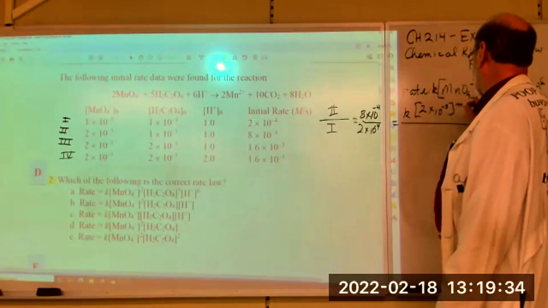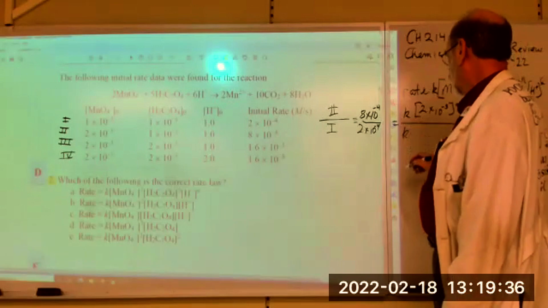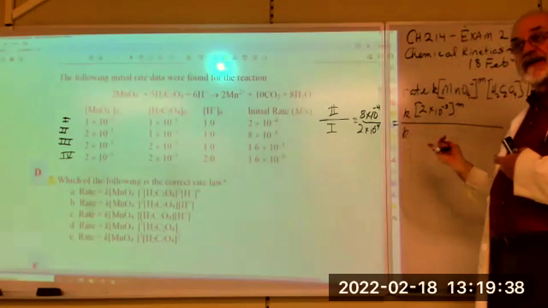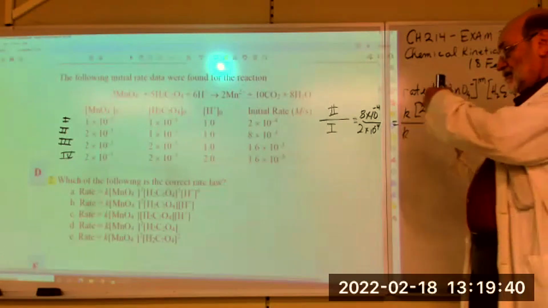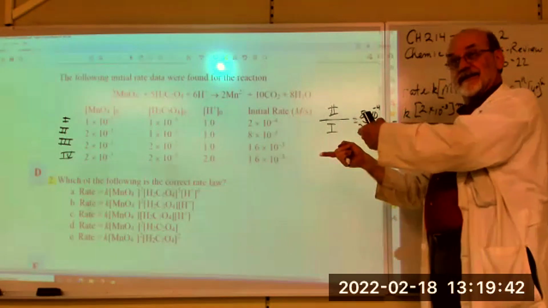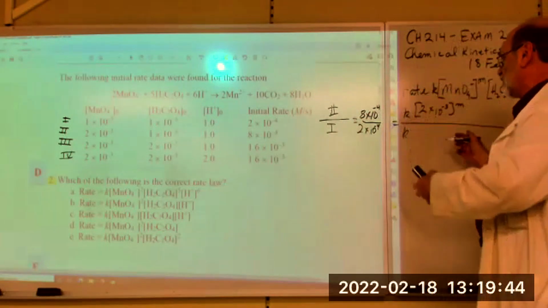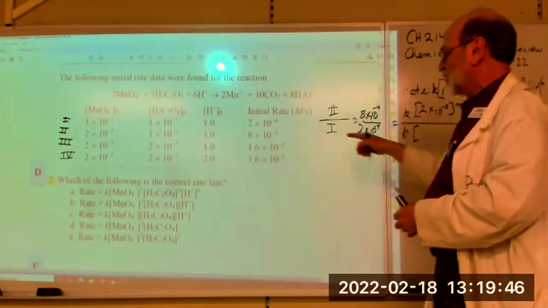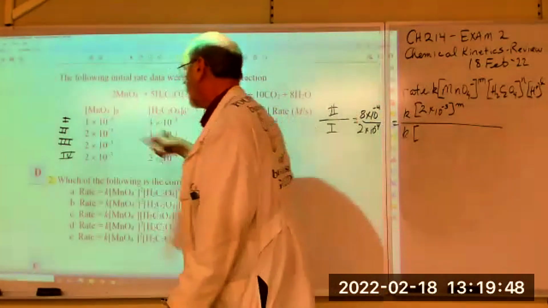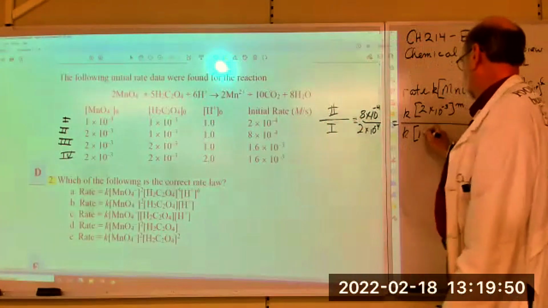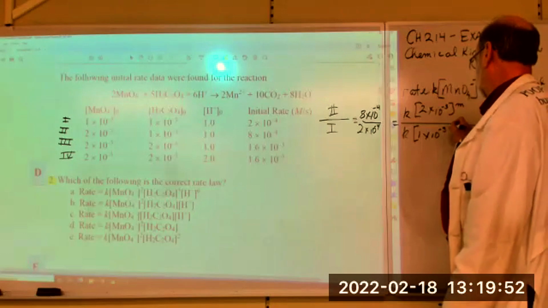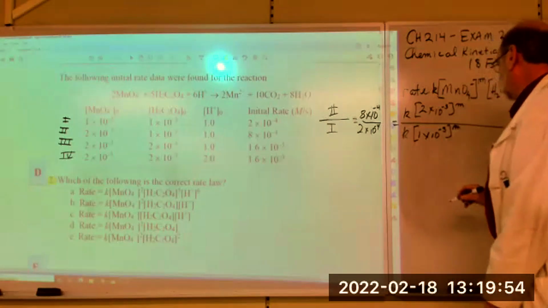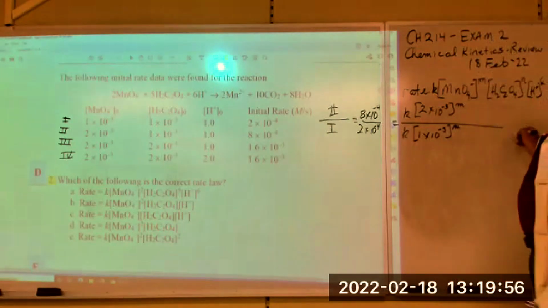to the m power. And the bottom one has the same K, because K is a constant. But for this one, it's 1 times 10 to the minus 3 to the same power, same order.